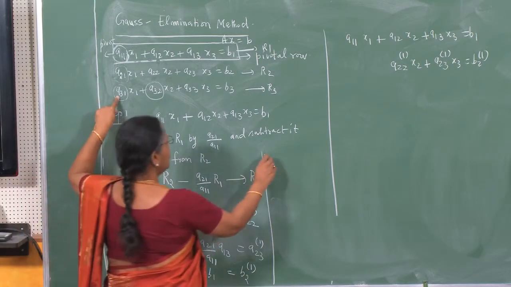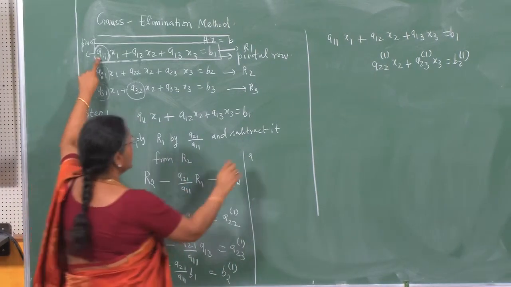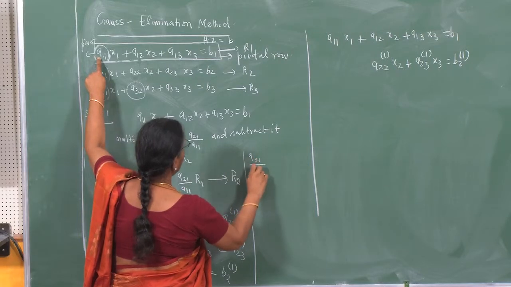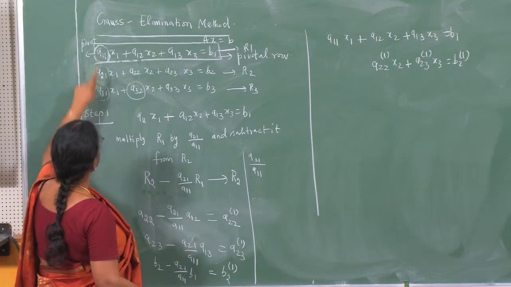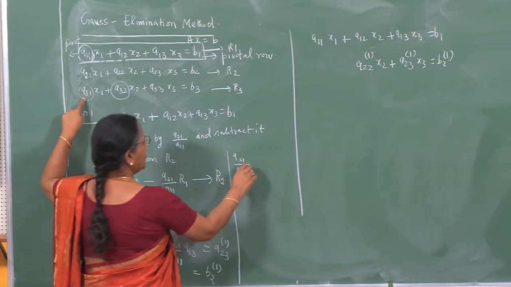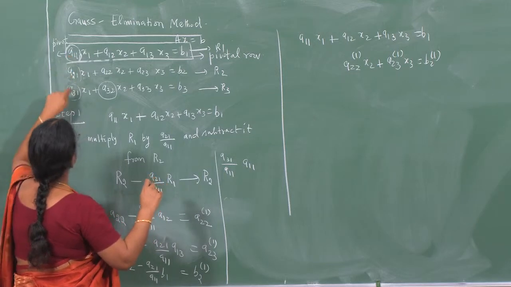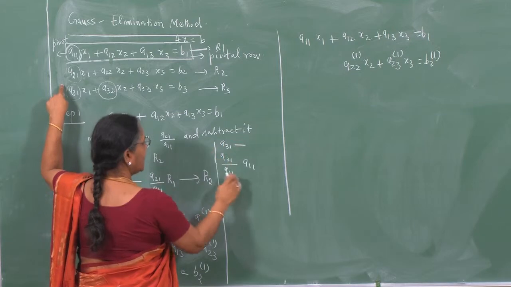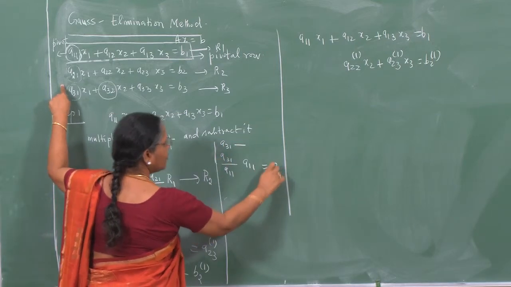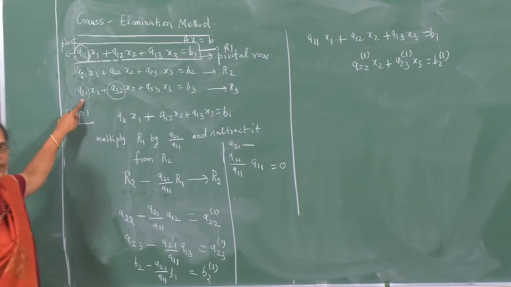I take the first equation, multiply that by A31 by A11 and subtract it from the third equation. So, the coefficient of x1 will be A31 minus this, and therefore it will be 0, so the coefficient of x1 will be 0 in the third equation.